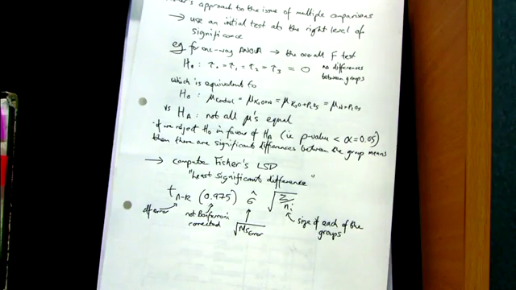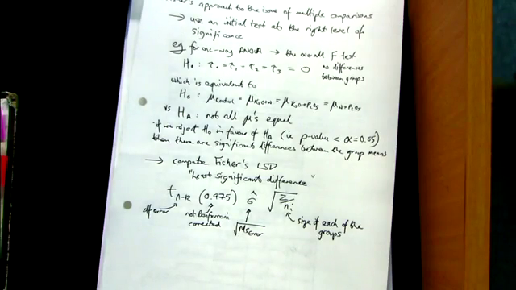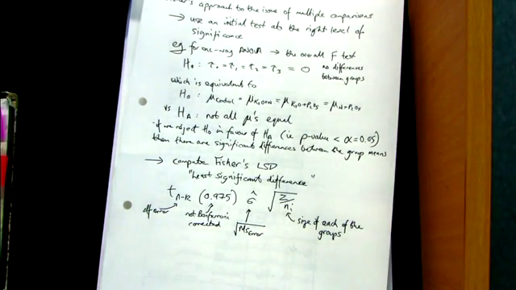It'll be one side or the other. If the first one's bigger than the second one, it'll be entirely positive. If the second one's bigger than the first one, it'll be entirely negative. Okay? So if two means differ by more than this, that's the least significant difference for the difference between two of the groups. Hence where the LSD comes from.